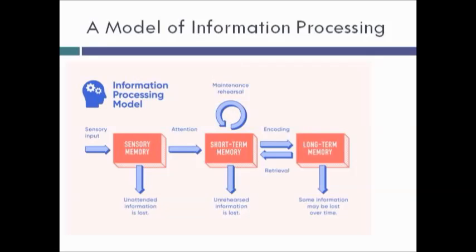In the human mind, this is where information is temporarily held so that it may be used, discarded, or transferred into a long-term memory. In a computer, the information is stored in a hard disk, which is equivalent to the long-term memory. This is where we keep information that is not currently being used.